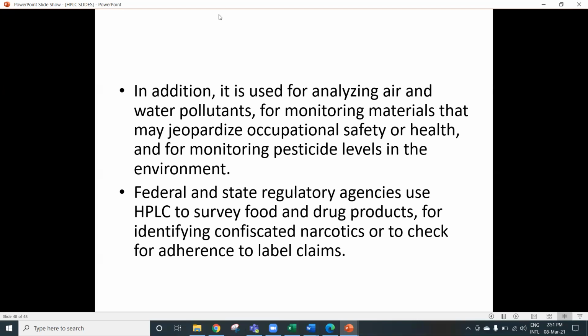Apart from that, it can also be used to survey food and drug products for identifying confiscated narcotics or to check their adherence to label claims. Regulatory agencies use it extensively to survey food. They can sample food items and run them through HPLC to know what the components are, or if there are any pollutants in your sample prior to use.